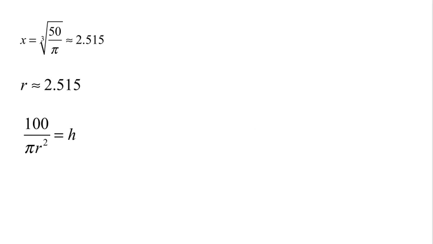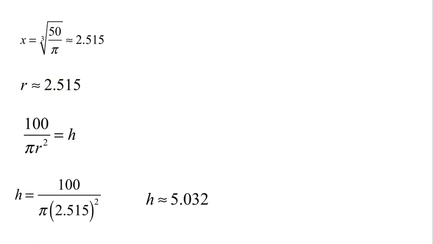Pi r squared h was the volume, and the volume was 100. So this enables us to solve for the height of the can. Plugging in the 2.515, I get height is 100 over pi times 2.515 squared, which gives me height is about 5.03, which is essentially twice the radius.